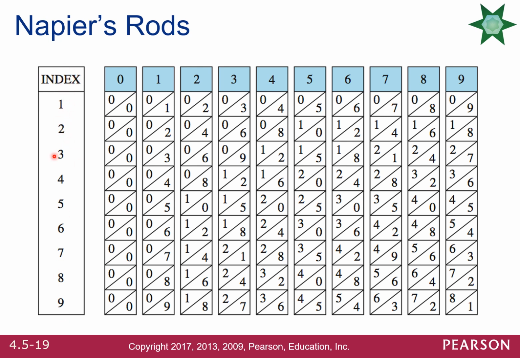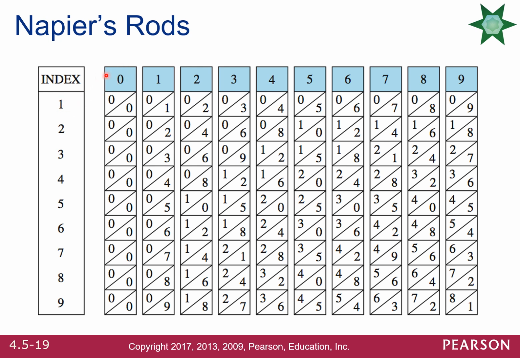No 0 in the index column, 1 through 9. And each of these columns have blocks, so squares, and each of the squares is divided by a diagonal, and the values in the diagonal are what we obtain by multiplying the index value with the column value on top.